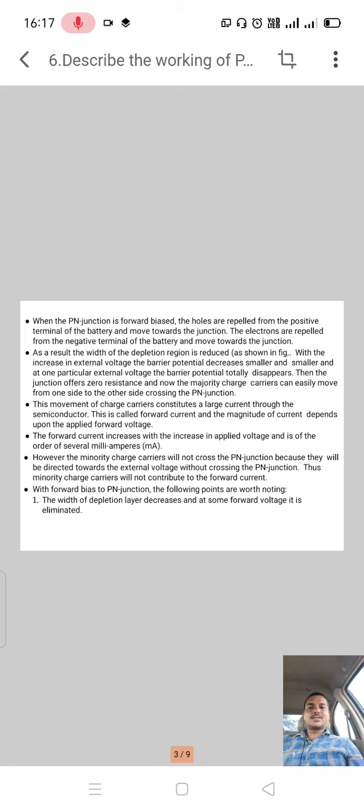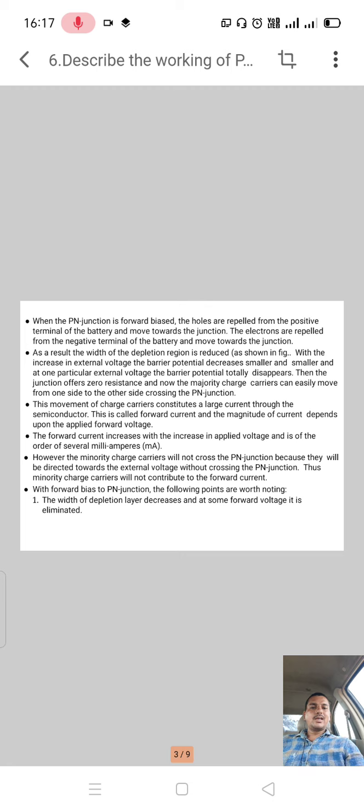With the increase in external voltage, the barrier potential decreases smaller and smaller, and at one particular external voltage, the barrier potential totally disappears.